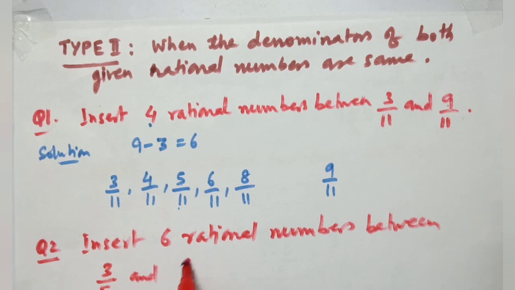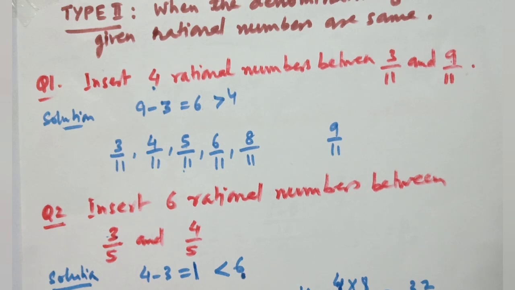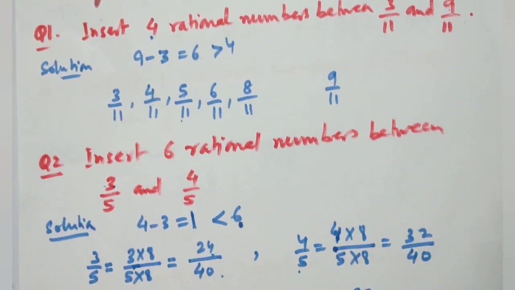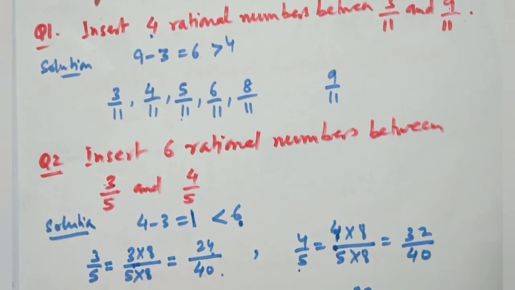and 4 by 5. Now you can see denominator is same, but the difference of the numerators is less than 6. Find the difference of the numerators. 4 minus 3 is 1, that is less than 6. So we multiply both numerator and denominator by some number so that the difference of the numerator will increase.